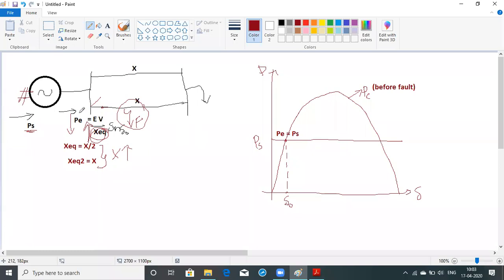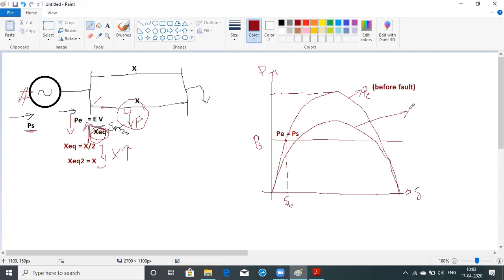So the electrical power is dropping. Now if this is the maximum power in the previous condition, the maximum power will reduce, and this electrical power is going to reduce. Now I'm going to draw another curve. This is the new PE.